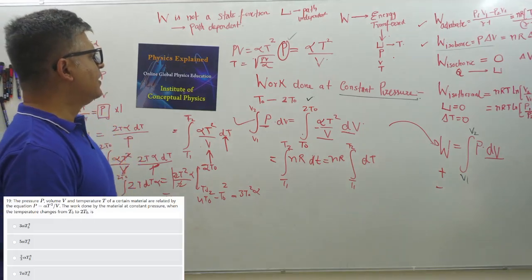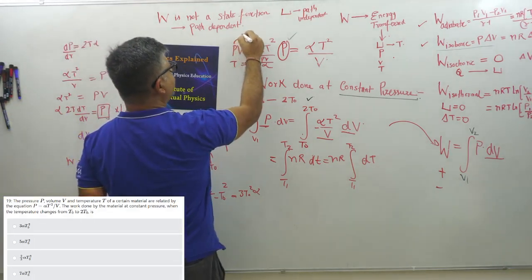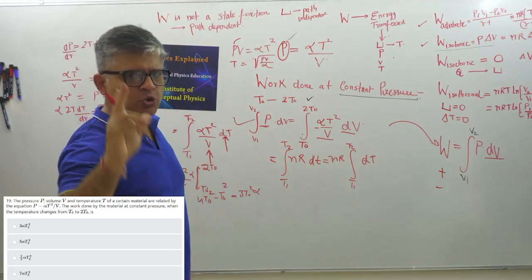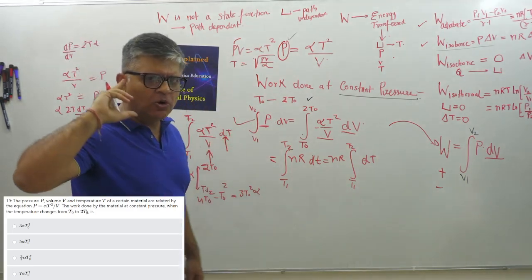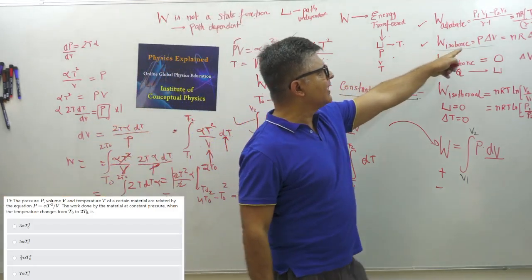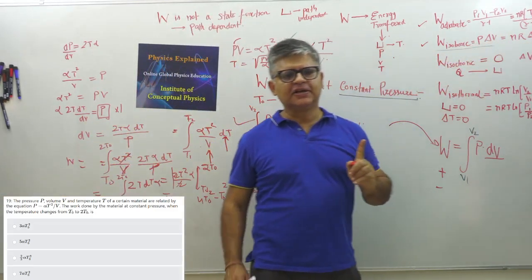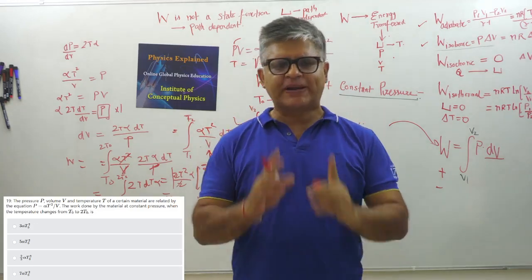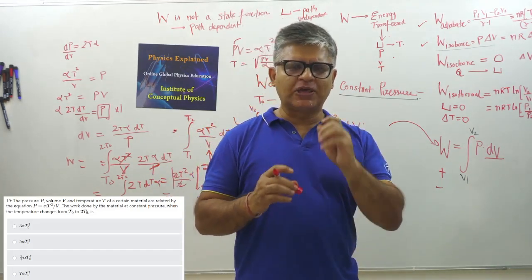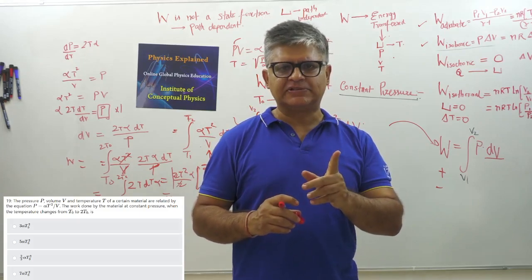So basically, this is a constant, right? So pressure is constant. Remember that. We have to use this, and we have to keep the whole equation in one variable, because in the work done formula, it's delta V and delta T. We will integrate only with respect to delta V or delta T. So you have to keep one variable here, not two variables.